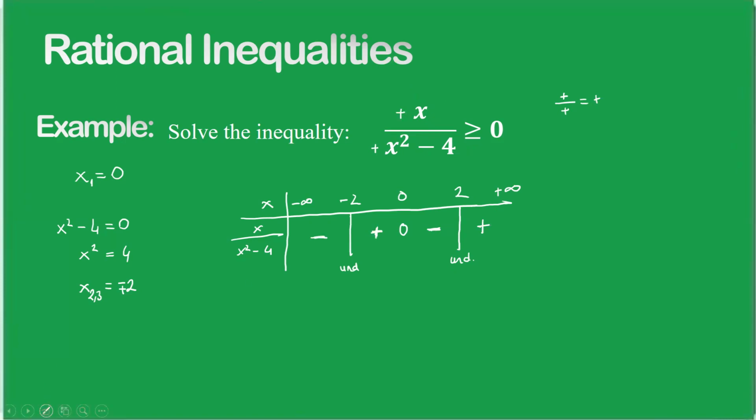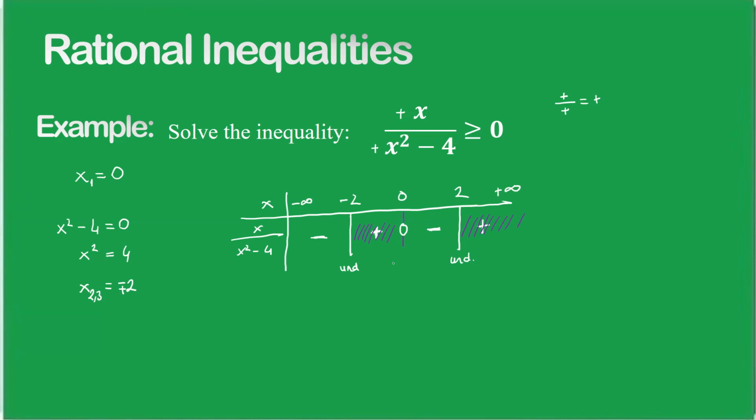And we can shade our solution set. Greater than or equal to 0, we have to take positive signs. And zeros, just one we have, it is 0.